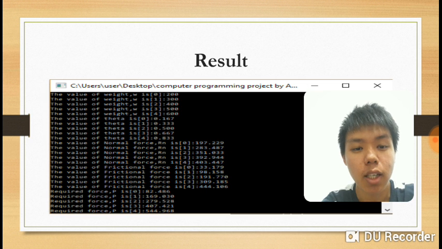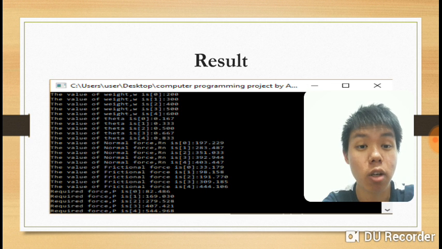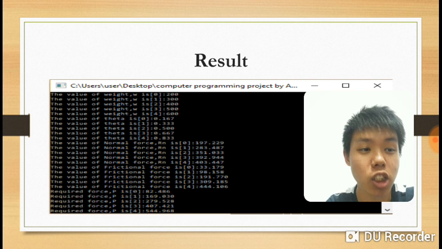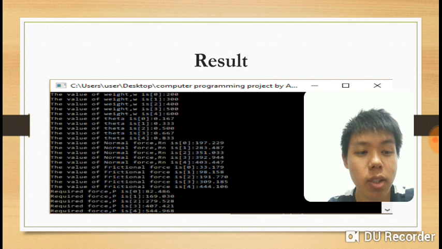After I did the programming, this is my result. It starts from the weight of the box being 200 Newton at the initial state, and then the weight increases by 100 Newton, and the angle is also increased by 10.